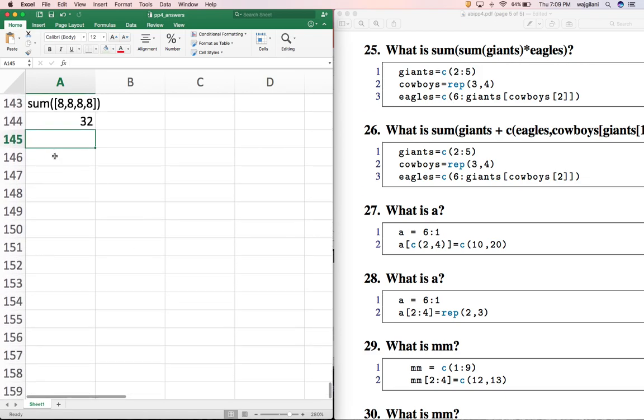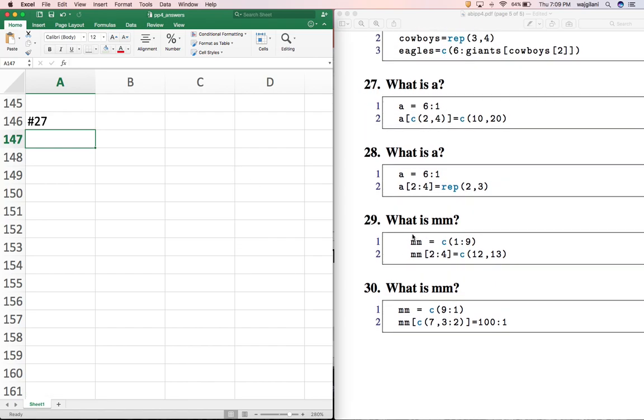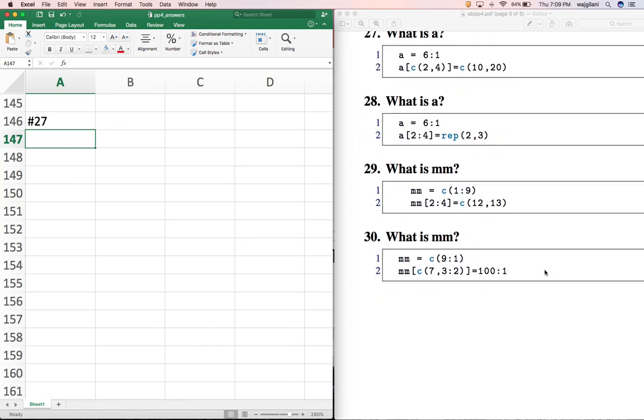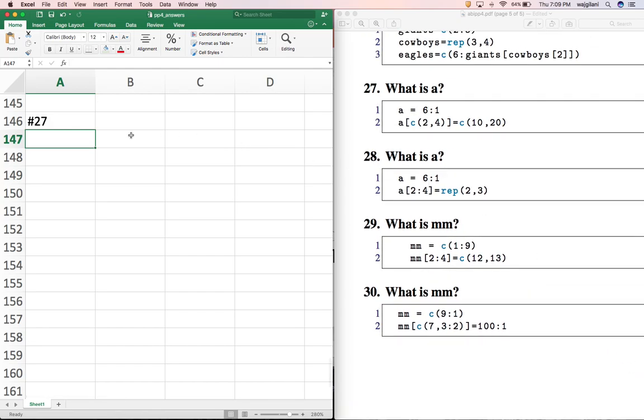So they seem tricky at first, but when you break them down, they're pretty straightforward. All right, number 27. We have a couple manipulation problems, and then we're done. I think that's it, 30 questions. So A is going to be 6, 5, 4, 3, 2, 1.